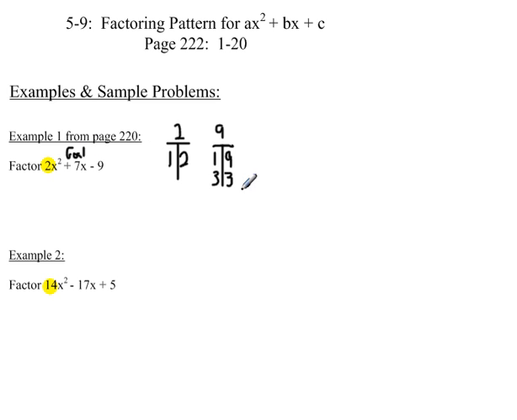Now versus before where I only had to worry about the 1 and 9 and the 3 and 3 and finding sums and differences, now what I'm interested in is factor pairs. So let me try to show that to where it makes sense. Your factor pairs, if I just look at 1 and 2 and 1 and 9, here's your options.